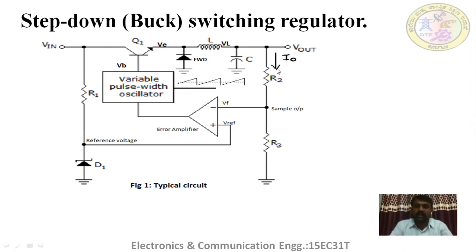This is the voltage divider circuit by R2 and R3, error amplifier, variable pulse width oscillator, and this is also a voltage divider consisting of resistor and Zener diode to provide reference voltage. And one more is the freewheeling diode. Freewheeling means it helps the load current to flow continuously.